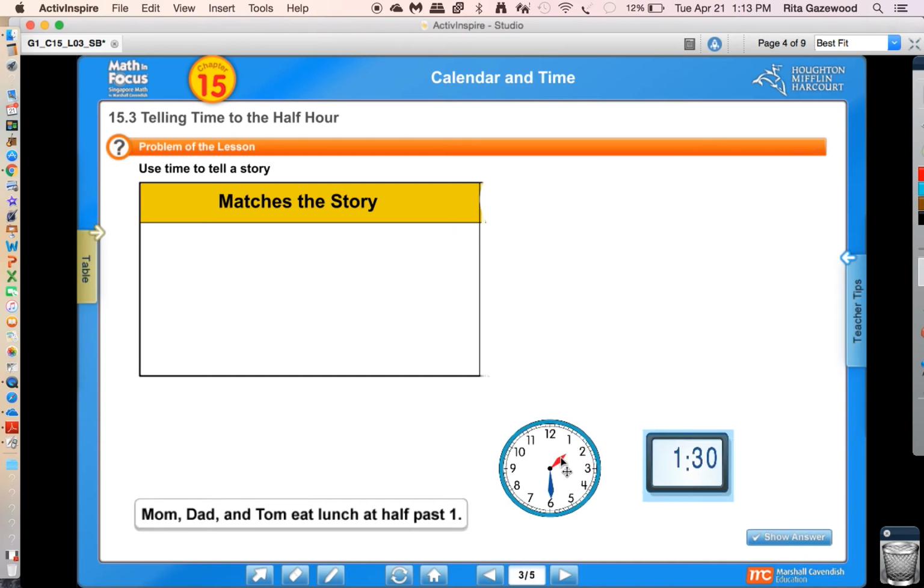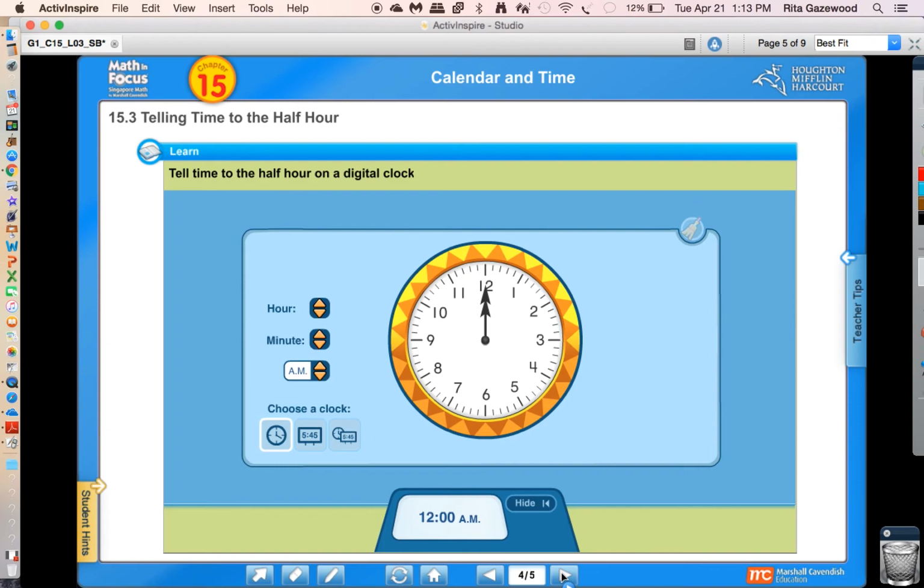Did you show me the hour hand is halfway between the 1 and the 2, and the minute hand is pointing to the 6? Mom, Dad, and Tom eat lunch at 1:30. Good job on your work.